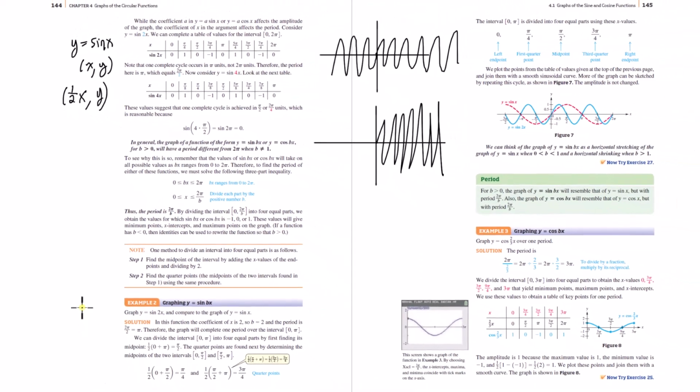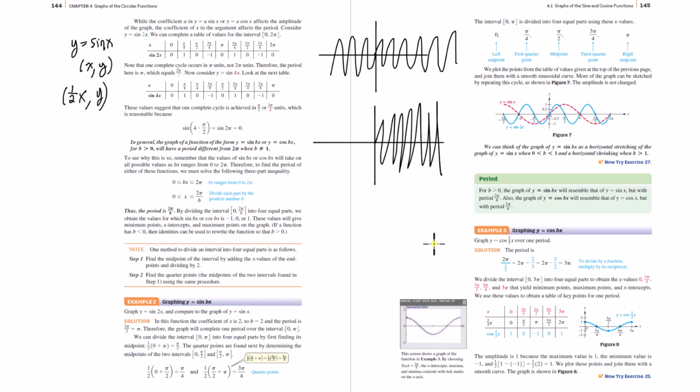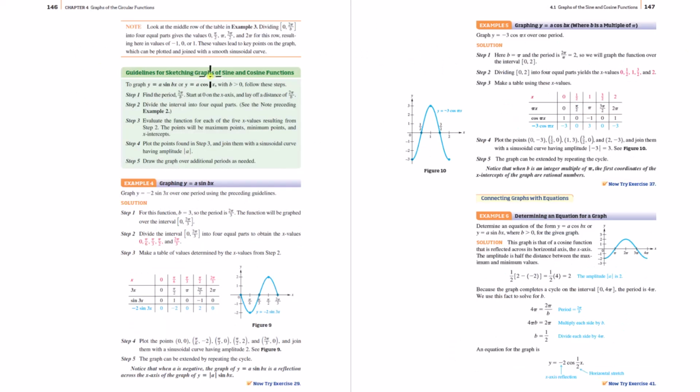Okay, and that's pretty much it for this section as far as an introduction to the graphs of the sine and cosine functions. So we've talked about all of the terminology, all of the main features of these graphs. You have a sense of how they can be stretched or shrunk. And all they're doing for the rest of the section is guidelines for sketching graphs of sine and cosine functions. They're just working different examples of graphing the functions, which is important to do.